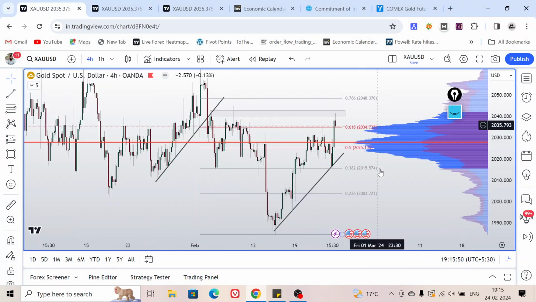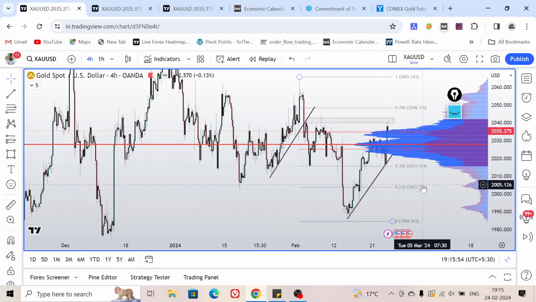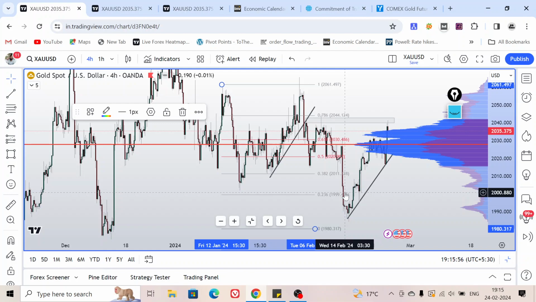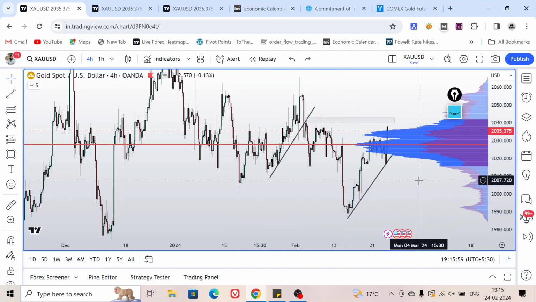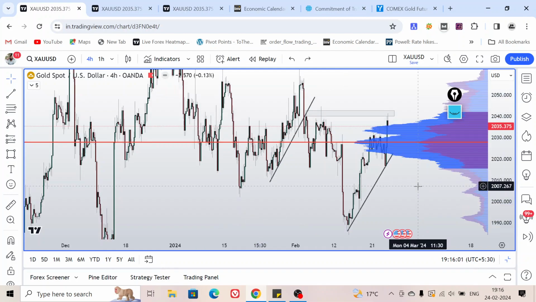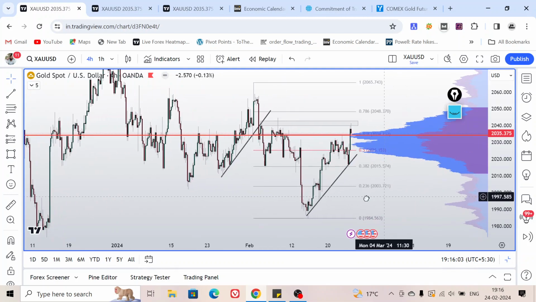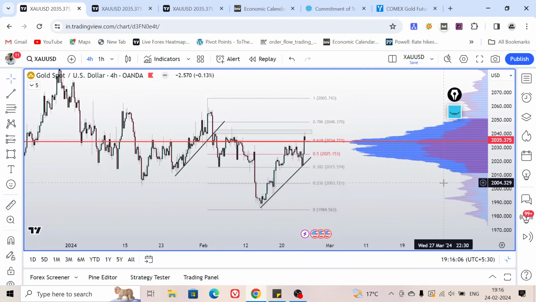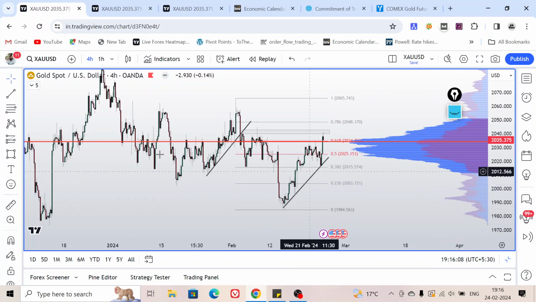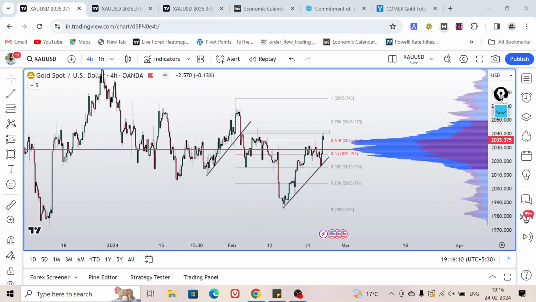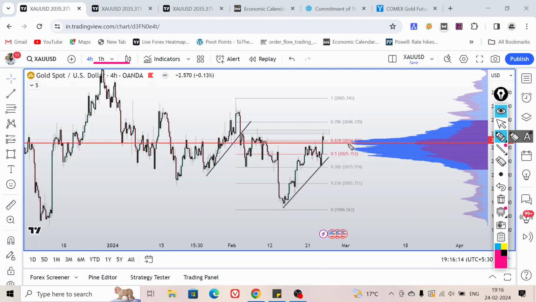Now let's move on to the 4-hour time frame chart, and let me show you the volume profile. If we check the volume distribution on the 4-hour chart, you can see that the current price is trading above this high volume node area.